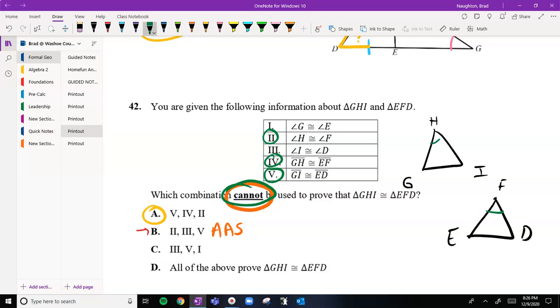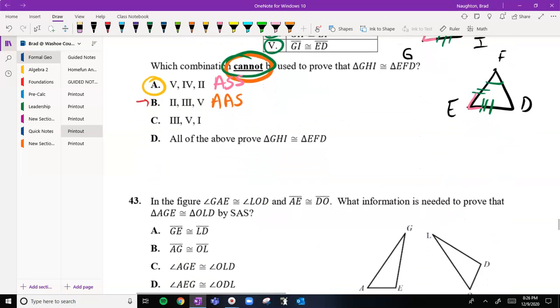So H and F again, then GH and EF, and then we have GI, and then we have ED. As we can see here, ladies and gents, it goes angle, side, side, because the in-between angle would be this one right here, and it's not there. So that means that this is trying to be angle, side, side, which is not going to work. So that's why that one doesn't work.